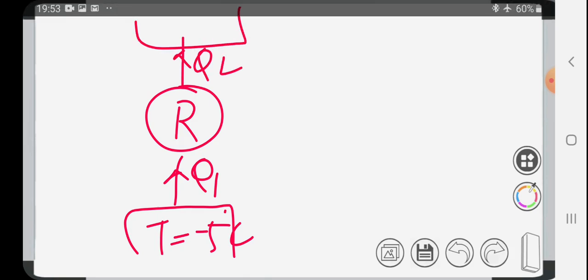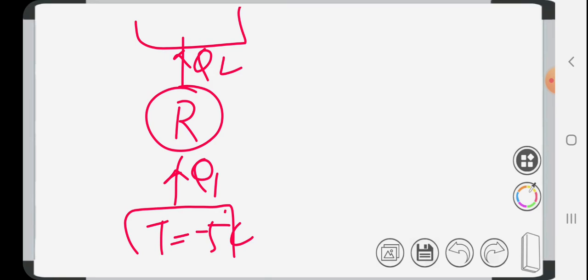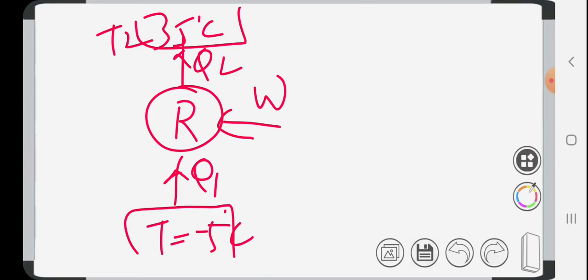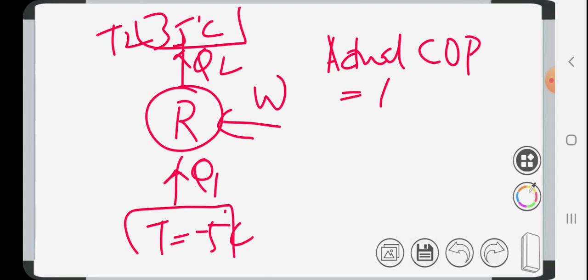The outside temperature is 35 degrees Celsius, T2, right? So we have to apply some work. Some work should be provided. It is given that the actual COP is one third of the ideal COP.